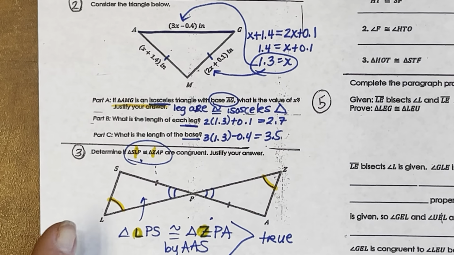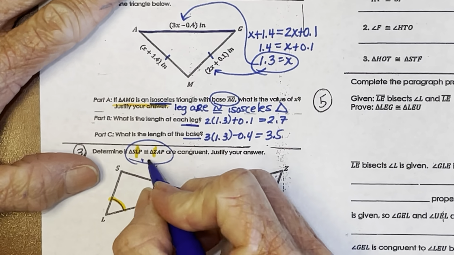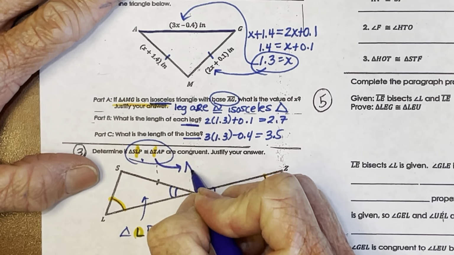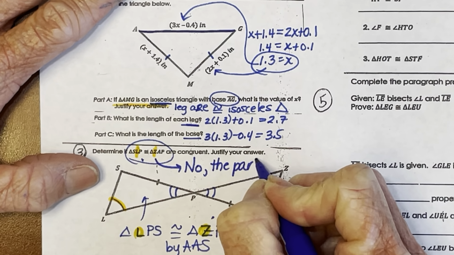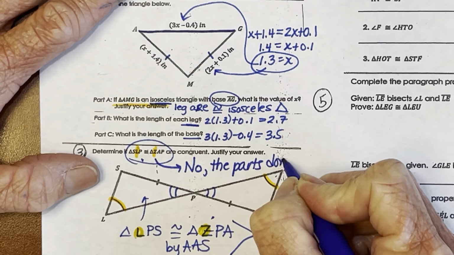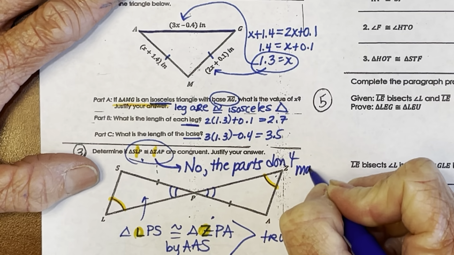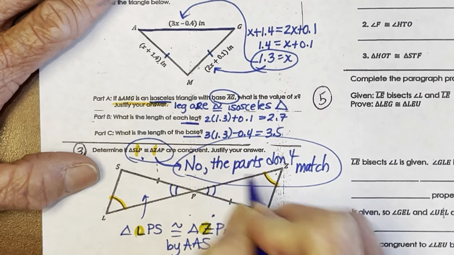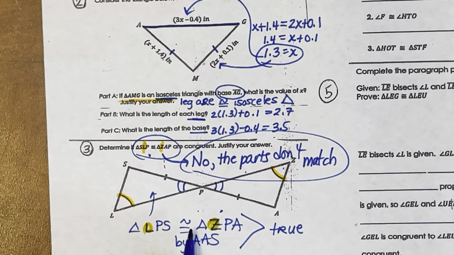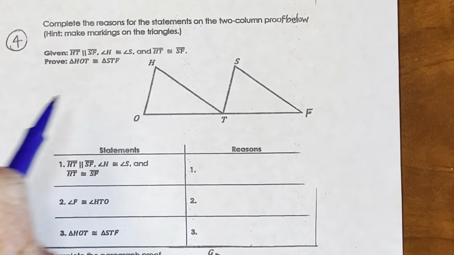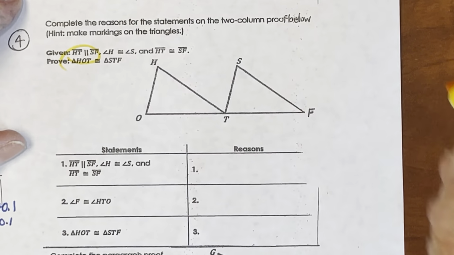Those parts are not matching up. So we have to say, no, the parts don't match, or not the way the statement is written. Okay, so this is really the answer, but I can see why you would say yes, because they really are congruent.